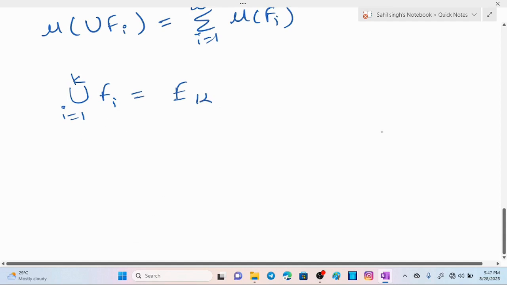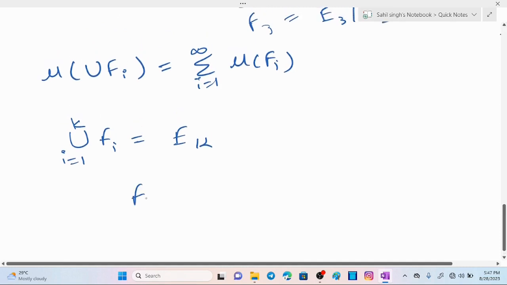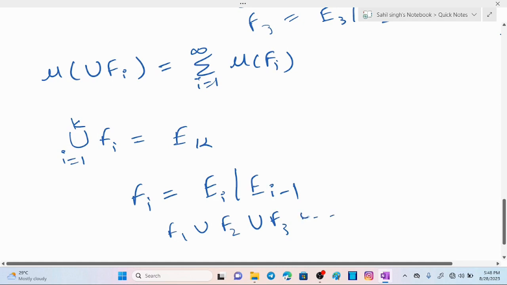right? Why? Because what was our fi? Fi was simply ei but removed ei minus 1. So if we take the union of all these, like f1 union f2 union f3 so on till fk, then from here fk minus 1 we will have ek minus 1 removed ek minus 2, right?